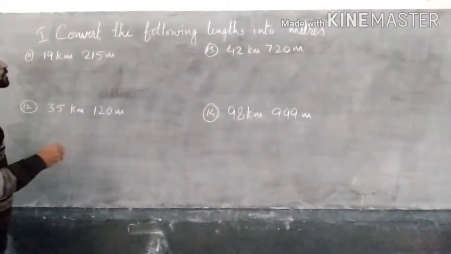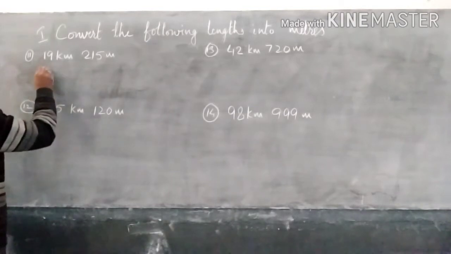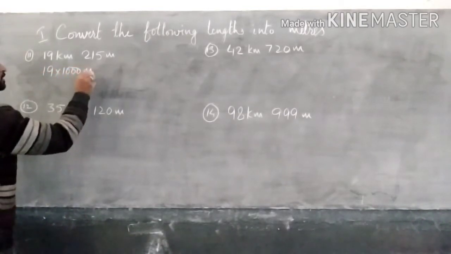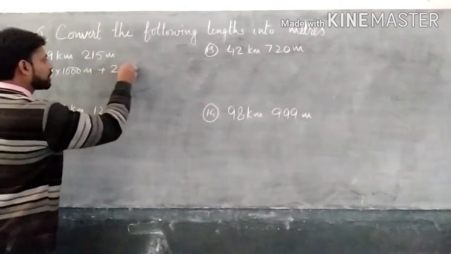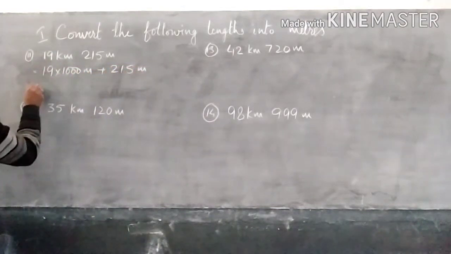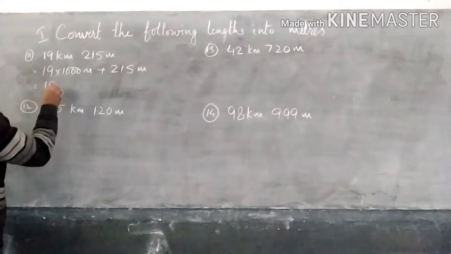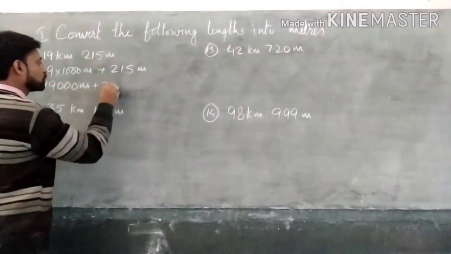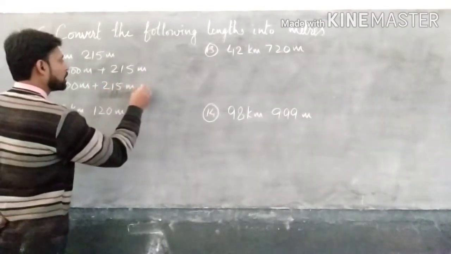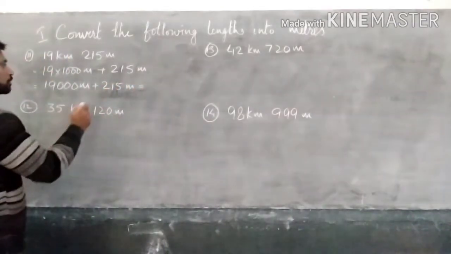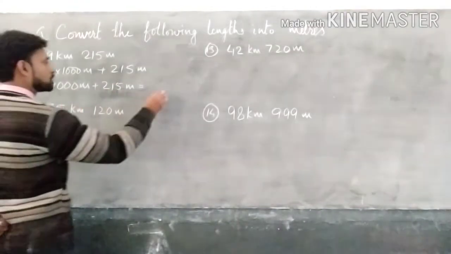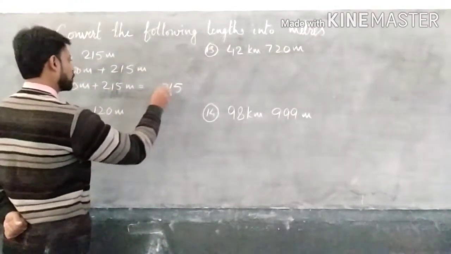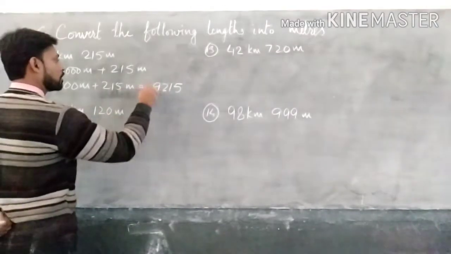Next, 19 kilometers and 215 meters. So convert this 19 into 1000 meters plus 215 meters. Here we can write 19000 meters plus 215 meters, and that will be equal to, add 5 with 0, 5, 1, 2, then 9, then 1.